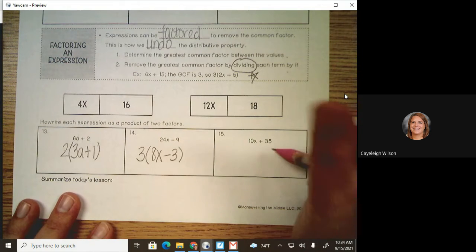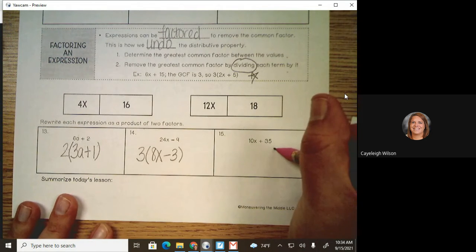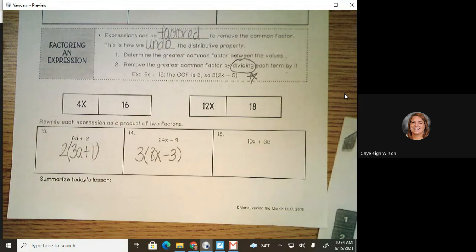All right. Let's all find the greatest common factor of 10x plus 35. Let's not yell it. Let's give everybody a minute. All right, Kimberly, what'd you get? 5.